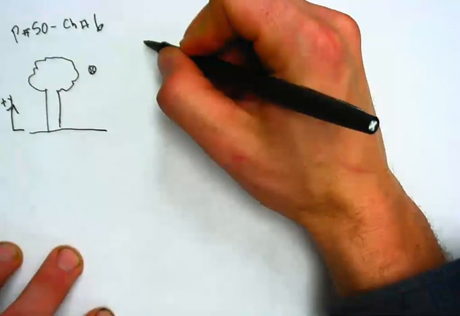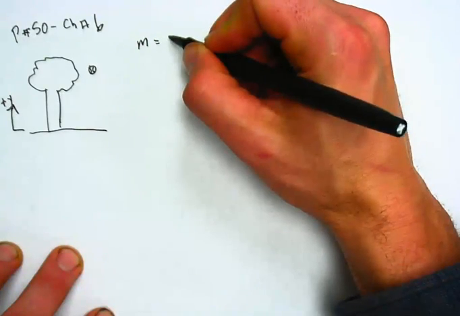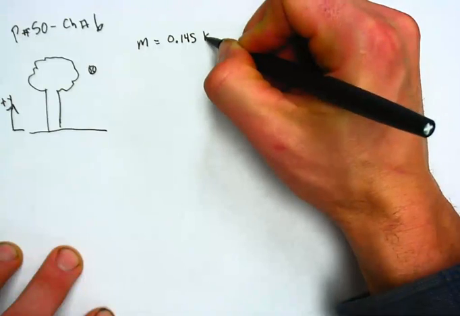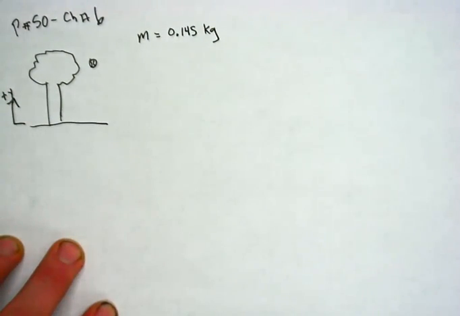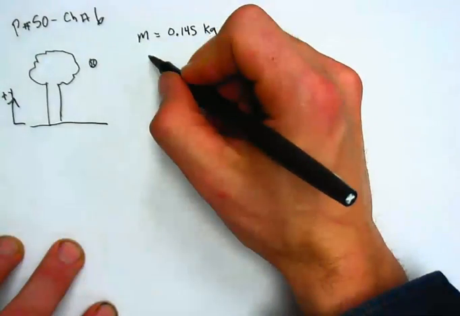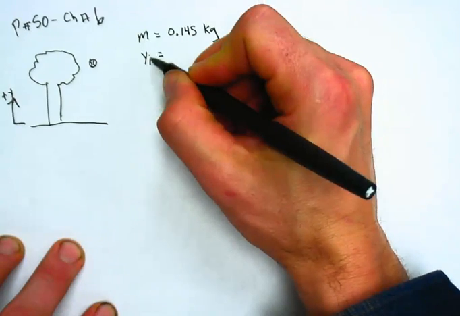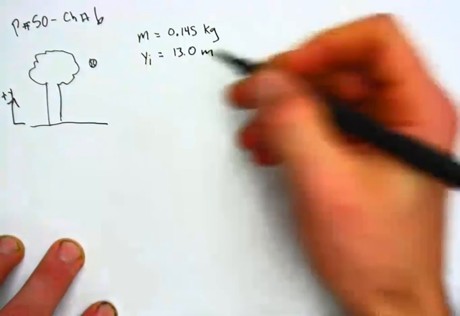What do we know? It says that the baseball has a mass of 145 grams. And being good physics students, we immediately switch that over to kilograms since we know that's the unit that will work best in our formulas. We know that the initial height from which the baseball is dropped is 13 meters.